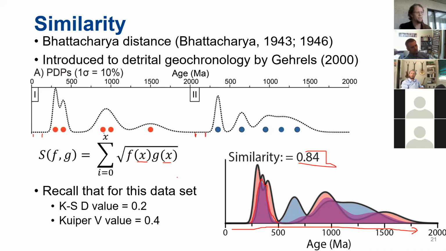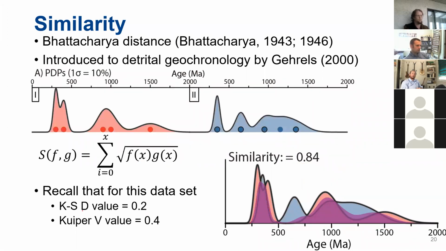This varies from 0 being totally dissimilar to 1 being totally similar. So 0 is absolutely no similarity, and 1 is a perfect match.